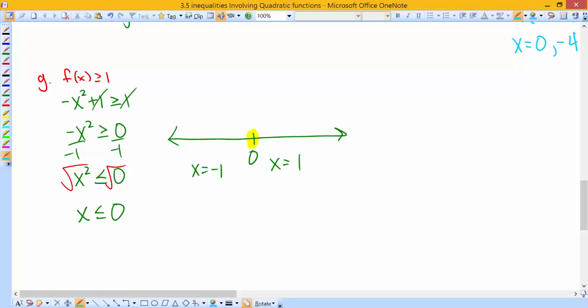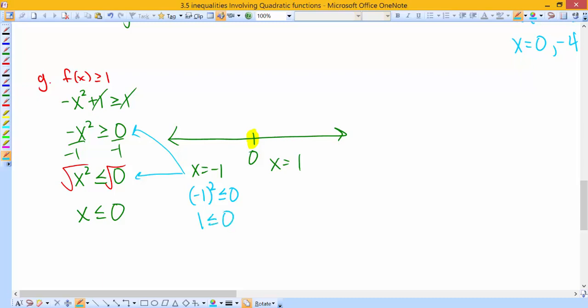So now I'm going to test. I am going to test into that equation because it has the 0. If I plug in, you could even plug into this one because then you don't have the negative there. So let's go ahead and do that one. That's actually probably the best one. So negative 1 squared has to be less than or equal to 0. Here, this gives me 1.